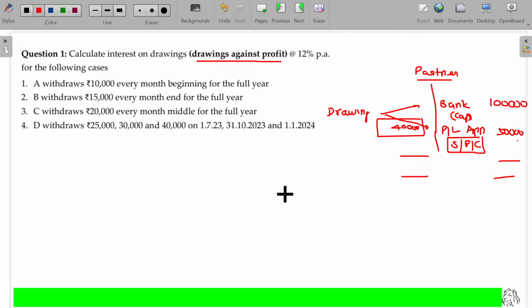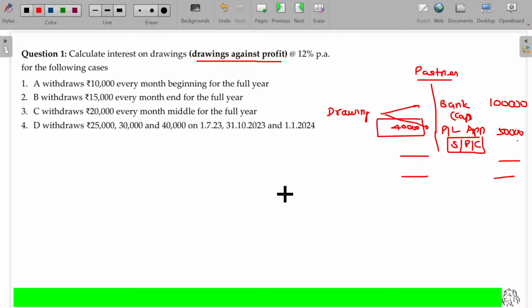Usually, drawings is nothing but withdrawals of his profit. Sometimes later, he may need an emergency requirement where his drawings is more than the amount available by way of profit. So he says, I have invested almost 1 lakh, I want to withdraw from the business. I may withdraw my capital.